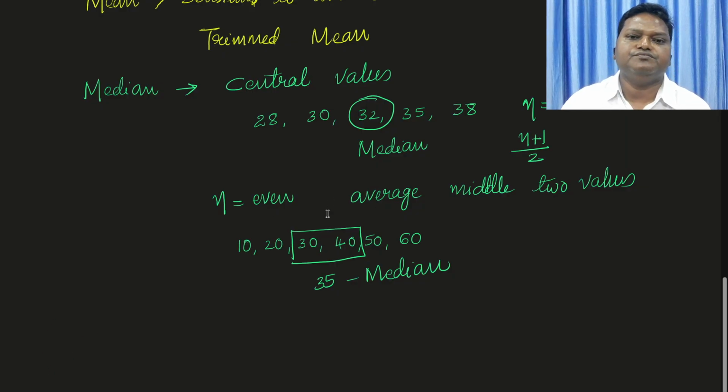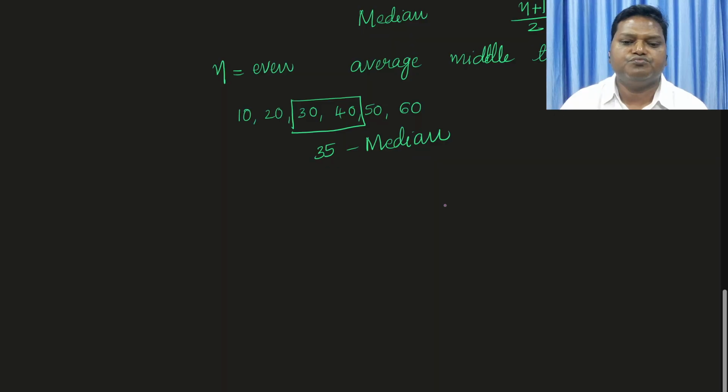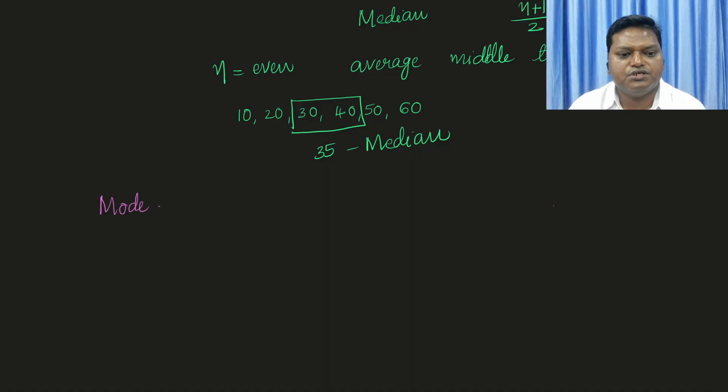And the third measure of central tendency that we are going to see is mode. Mode is the most repeated value. Sometimes we may have a number more than one time, or two times, or three times, then that most repeated value is the mode.